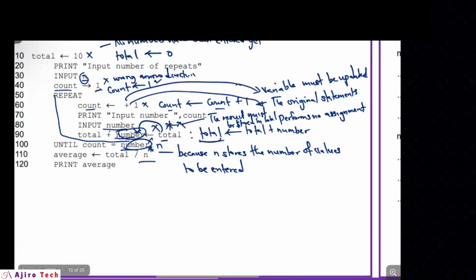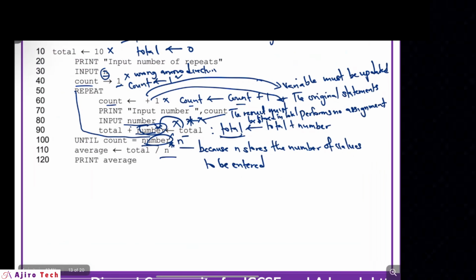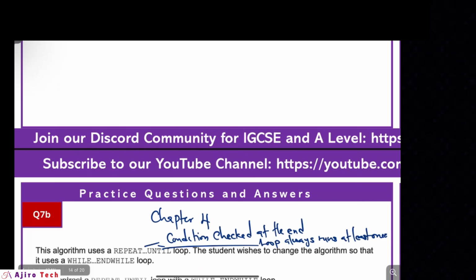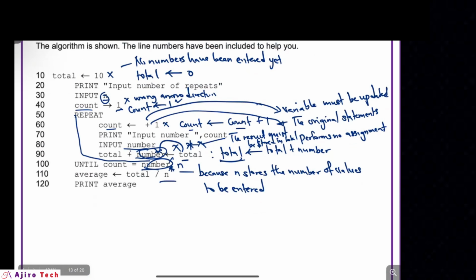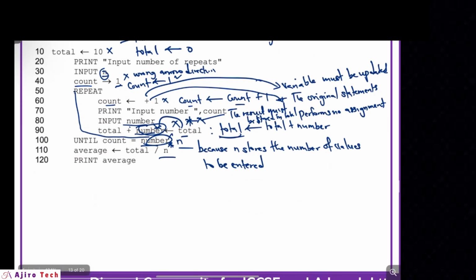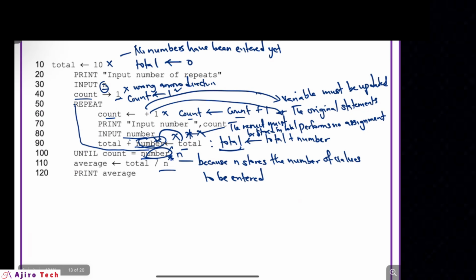Okay, so this is what I'm going to do now. I'm going to totally rewrite all this using repeat until and while, so we can now understand this, right? So that's what I'm going to do right now. Don't need to start, why are you starting total here?